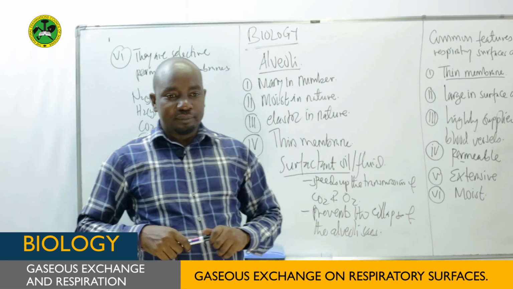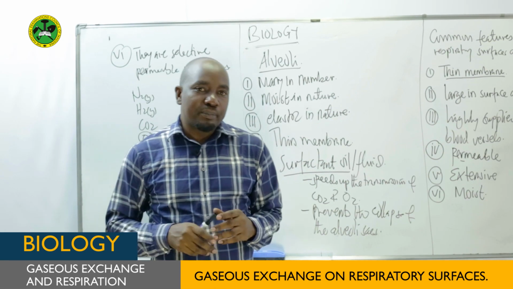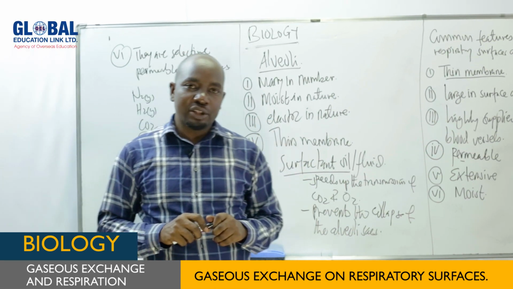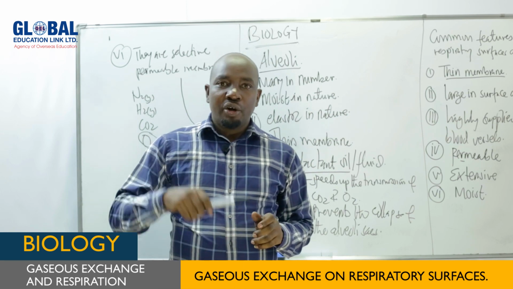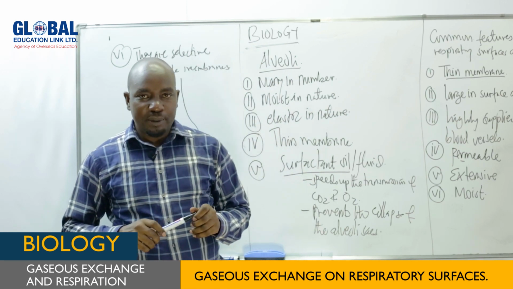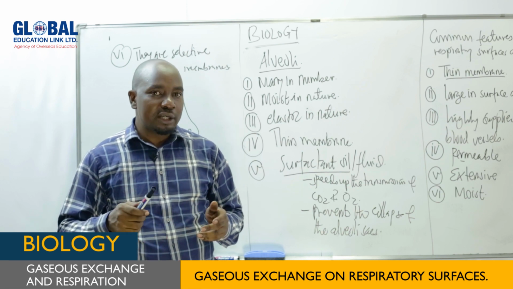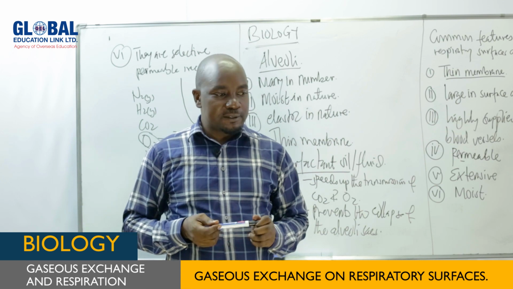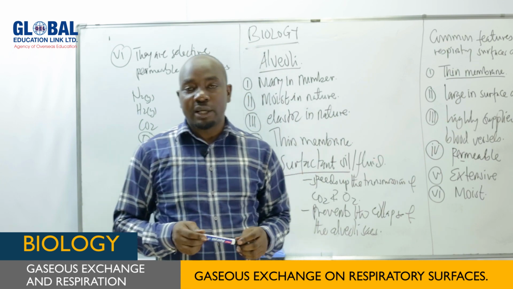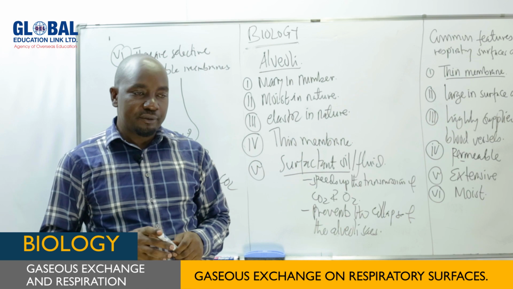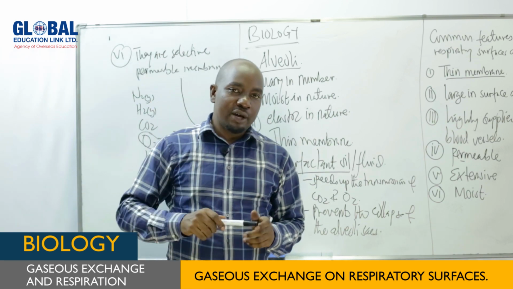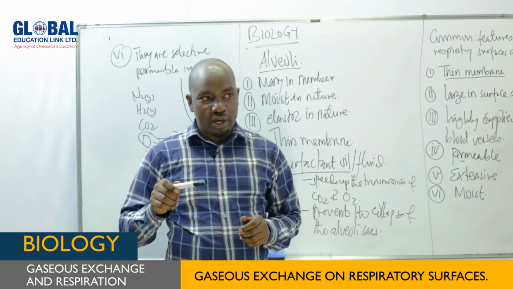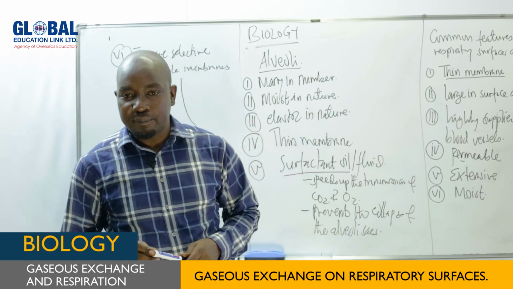In summing up this subtopic of respiratory surfaces, you need to know the respiratory surfaces of every organism and why that particular organism possesses that particular respiratory surface. And as I said before, the respiratory surface of an organism depends on the habitat where that organism is found.